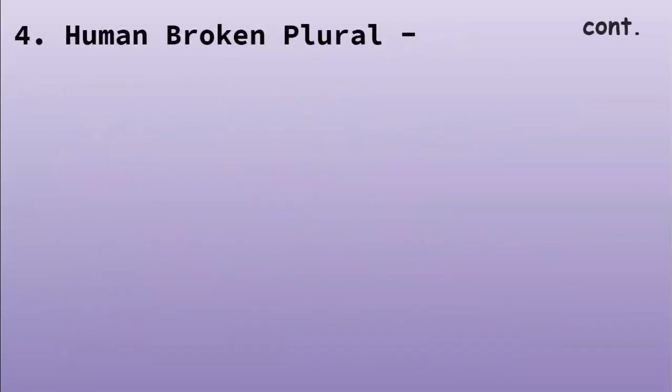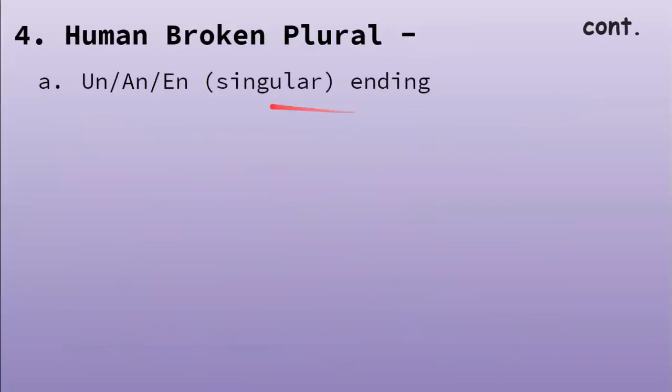And then the human broken plural. There are two types of broken plural. We discuss human broken and non-human broken plural. By looking at those words, you can never say that this is a plural, because it doesn't have a plural ending. It will have the ending of un, an, and in, a singular ending.